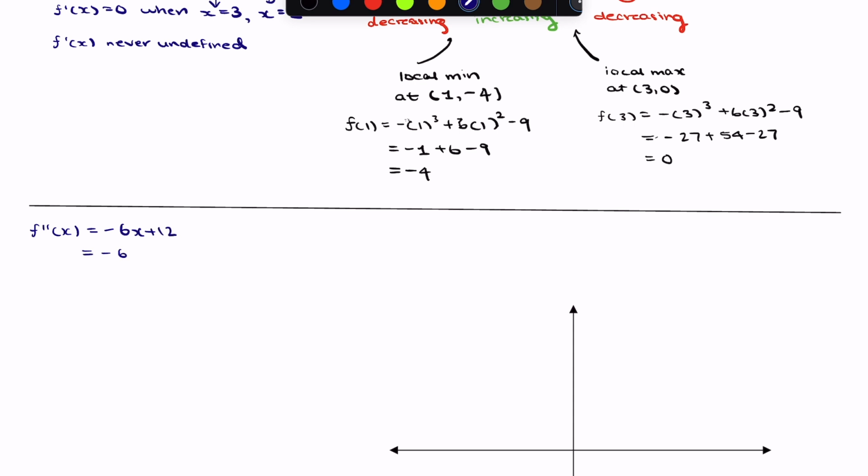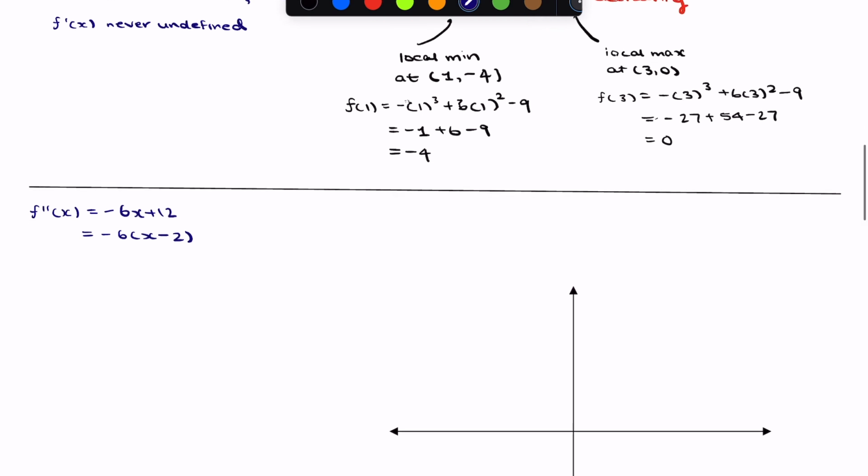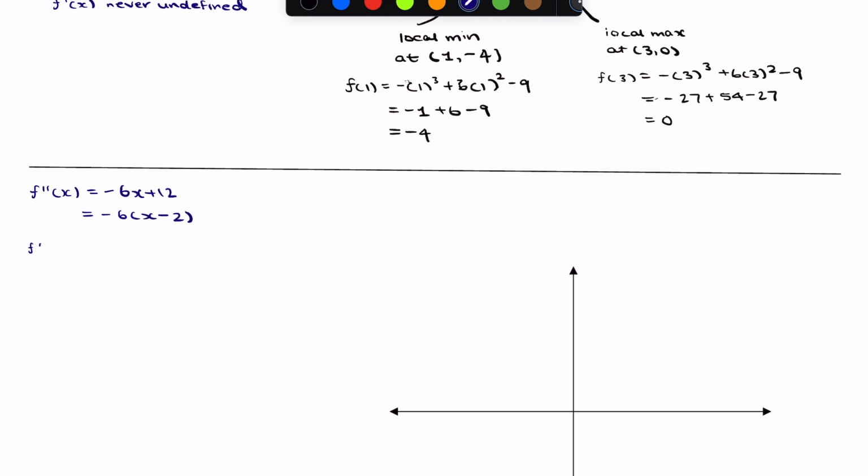Factor out a negative 6, x minus 2. And so here we see that f double prime of x is equal to 0 when x is equal to 2. And again, f double prime of x is never undefined.